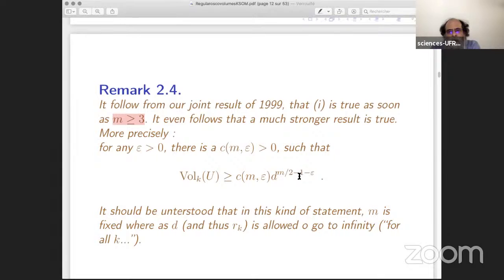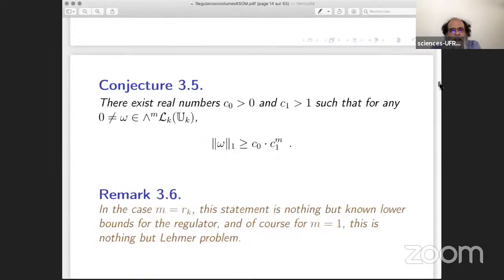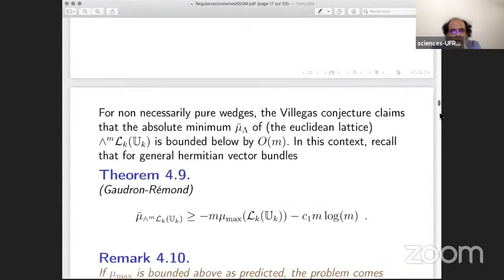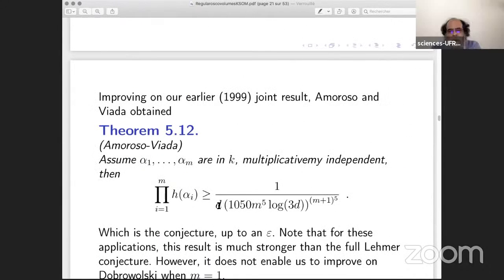For m equal to 2, if you go back to here, you have this 2 over 2 minus 1. So it kills that, and you have a d minus epsilon. The whole problem comes from the fact that you have not quite Lehmer, but you have this log t factor. This d is fine, so you have precisely what you need, and this d goes against you.